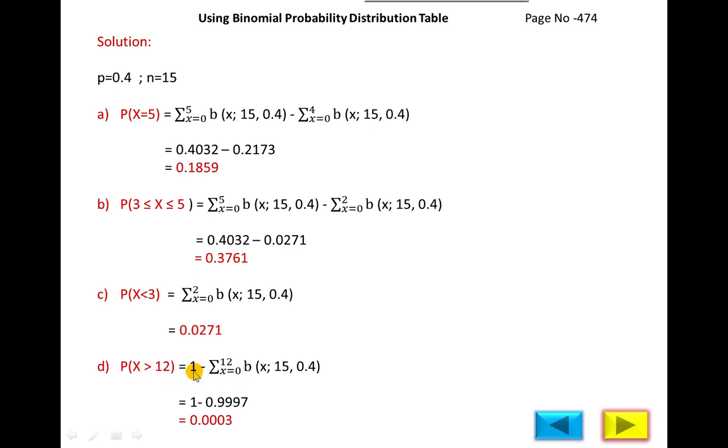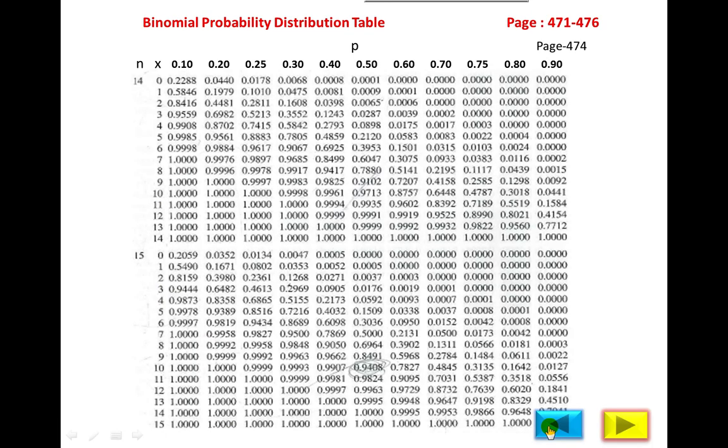You know that the maximum probability is always equal to 1. And greater than 12 means 13, 14, 15. If you subtract the value of 0 to 12 from 1, you will obtain 13, 14, 15. From 0 to 12, the total probability is 1, this column.